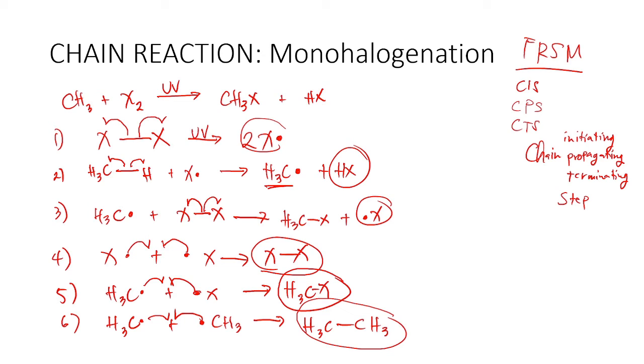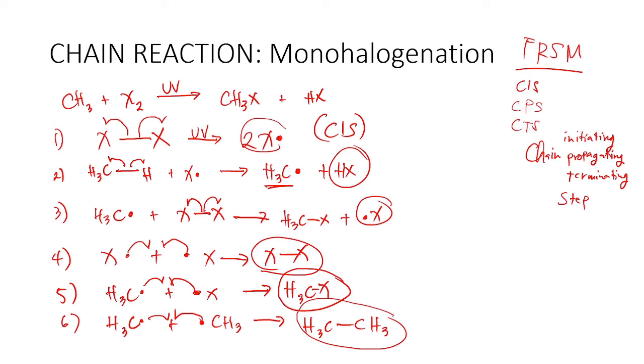But basically, all of this follow the mechanism of chain initiating, chain propagating, and chain terminating. So, saan nagsimula yung chain initiating? It started here. This is our chain initiating step.